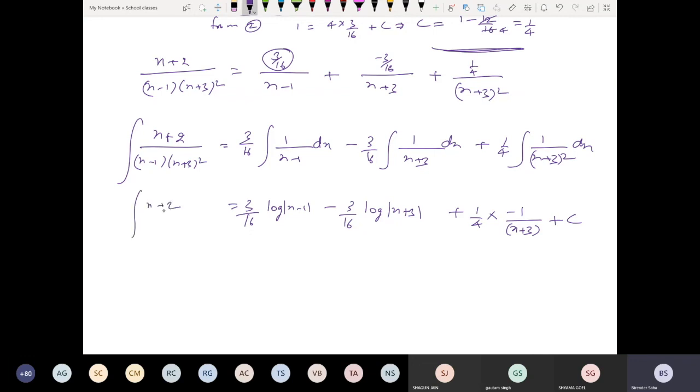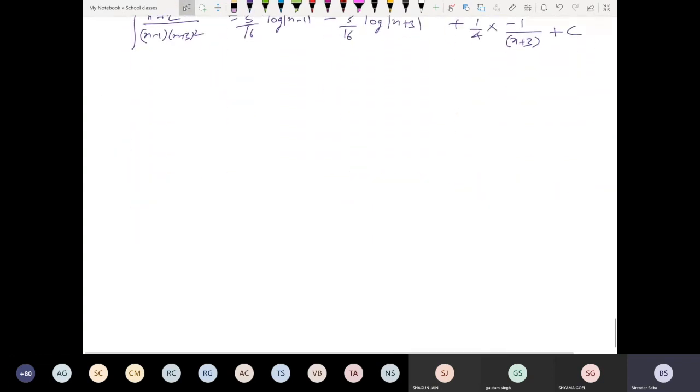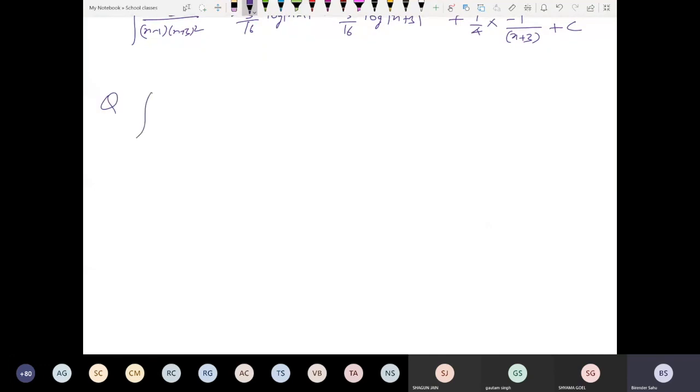See, if we get a question like this, integration of x square over x minus 1, x minus 2. Okay, now what to do?